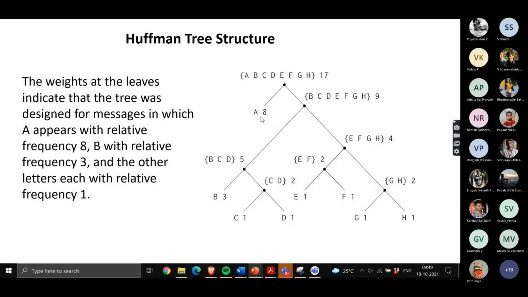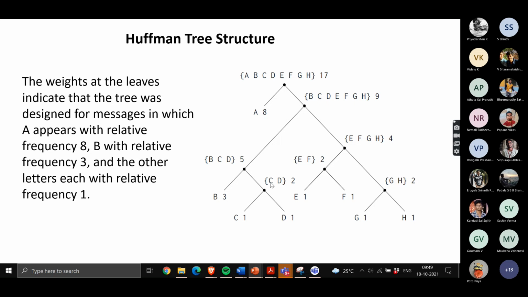A is the leaf node, isn't it? And B is a leaf node, C is a leaf node, and for the leaf node there is a weight. So what is that weight? Weight is nothing but the frequency. Okay, so B is occurring 3 times, C is occurring 1 time, D is occurring 1 time, E is 1 time, F is 1 time, like that. Now, if you look at the parent, consider the parent of C and D, what is that?